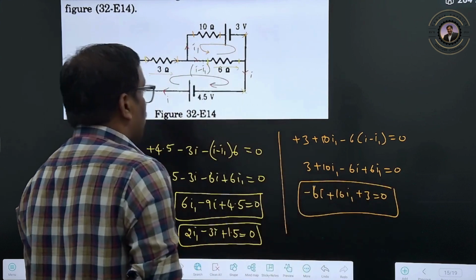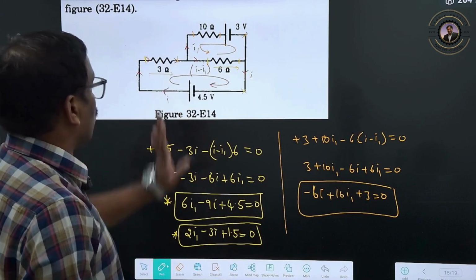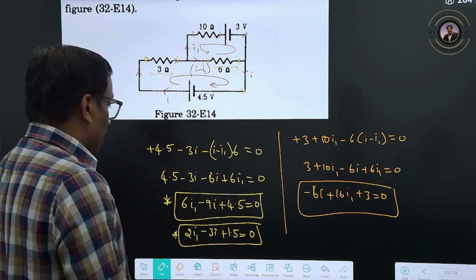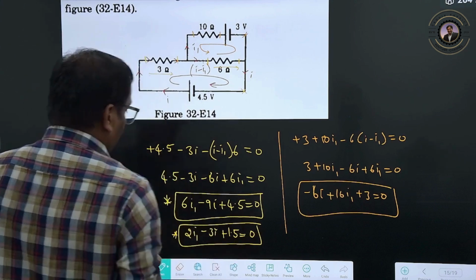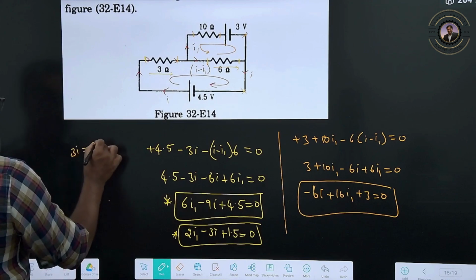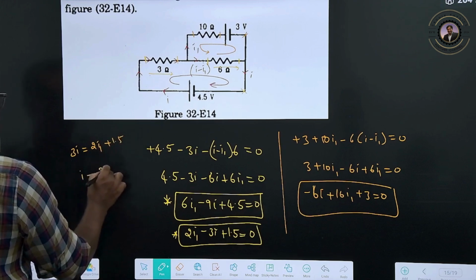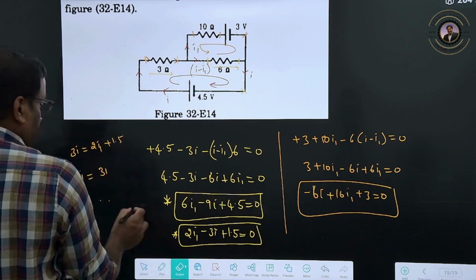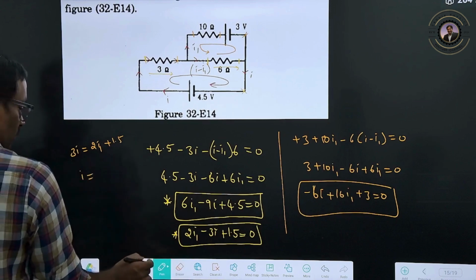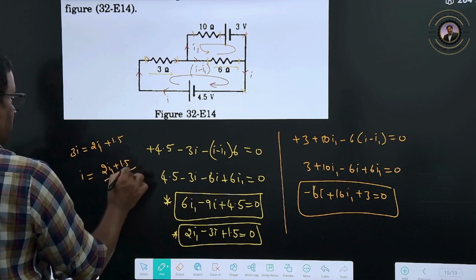What I don't want now is I; I want I1 only. So I should eliminate it. Therefore taking I here, 3I equals 2I1 plus 1.5. So I equals 2I1 plus 1.5 by 3.